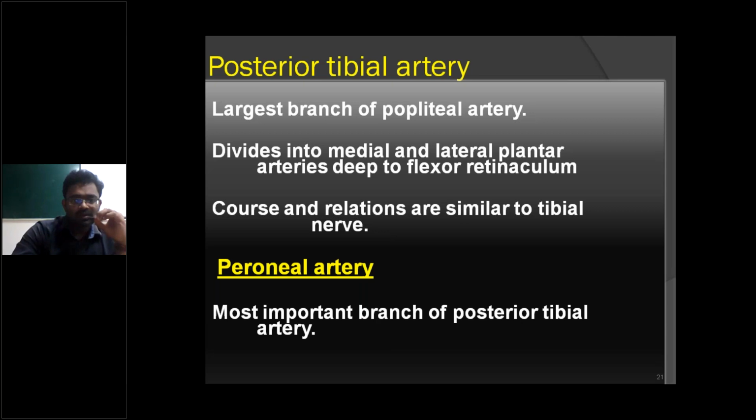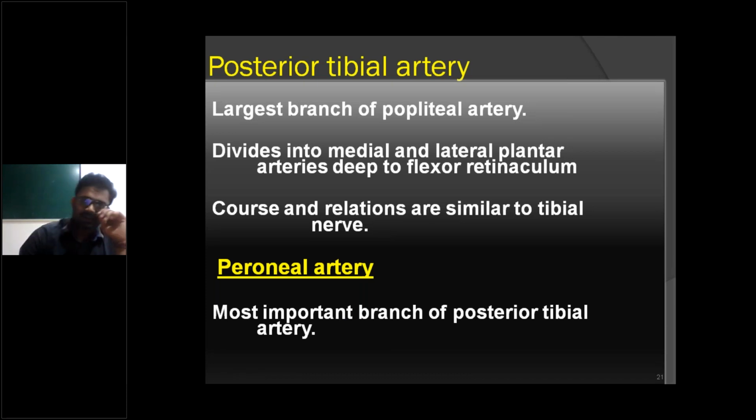Next one. The largest branch of the posterior tibial artery is called the peroneal artery.